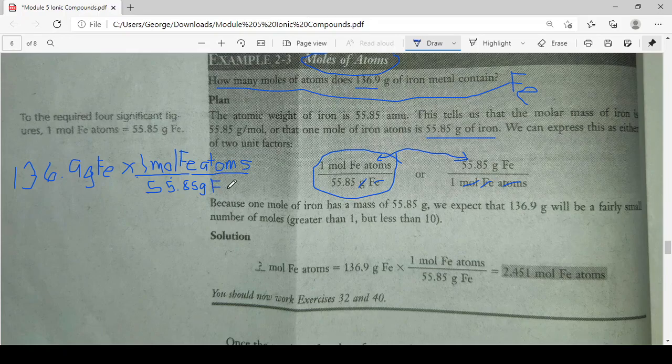So kids, before we solve this, we should cancel out all like signs. Cancel the grams of your iron. What is left? You have your 136, your 55, and your 1 mole of Fe atoms.